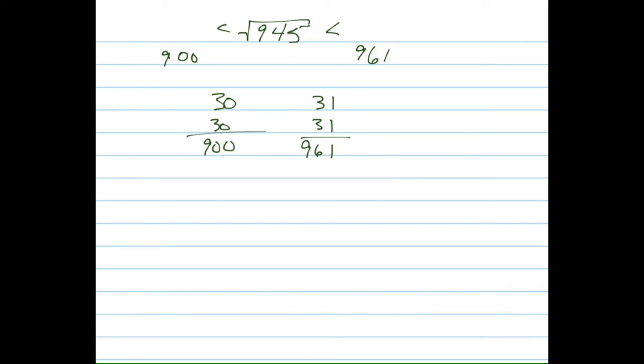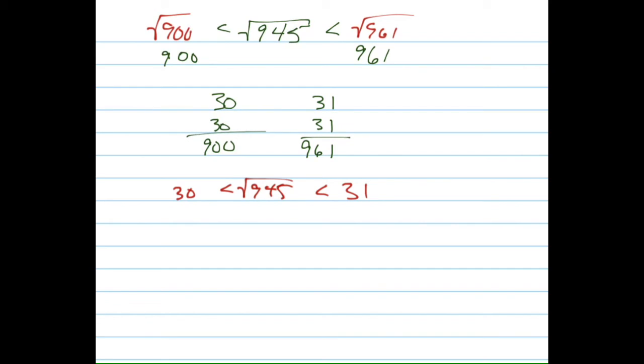So the square root of 945 must be between the square root of 900 and the square root of 961. And what's the square root of 900? 30. And what's the square root of 961? But which must the square root of 945 be closer to? David? Not 30. That leaves one option.